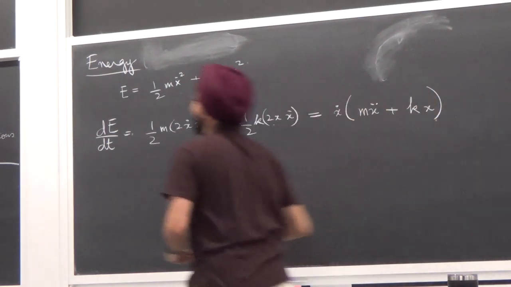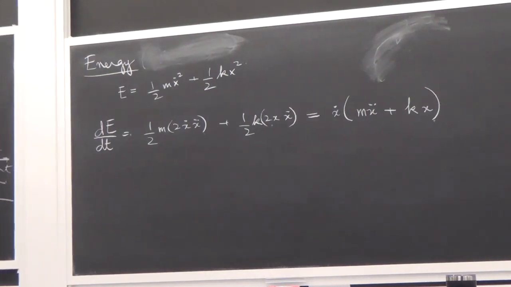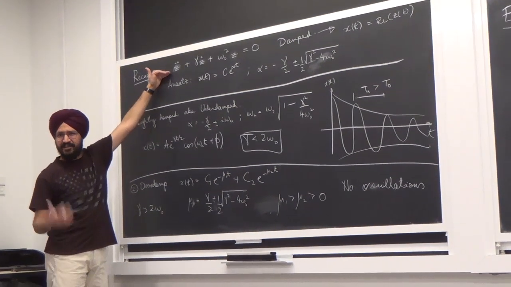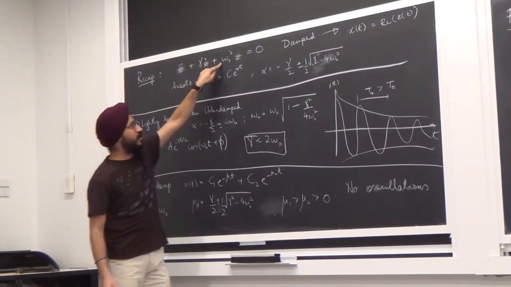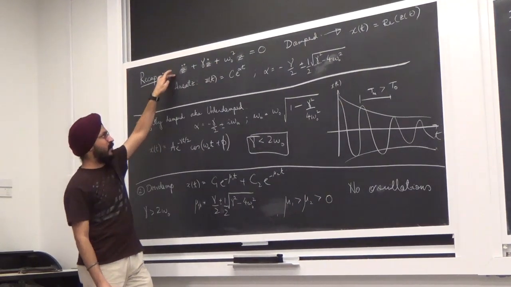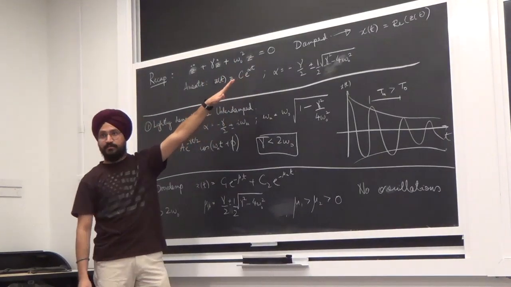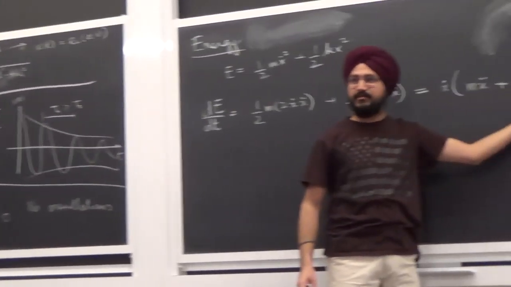Look at the equation of motion again. Just replace z with the x's. That's my real equation. So x double dot plus gamma x dot plus omega naught squared x equals 0. And what I have here is m x double dot plus kx.